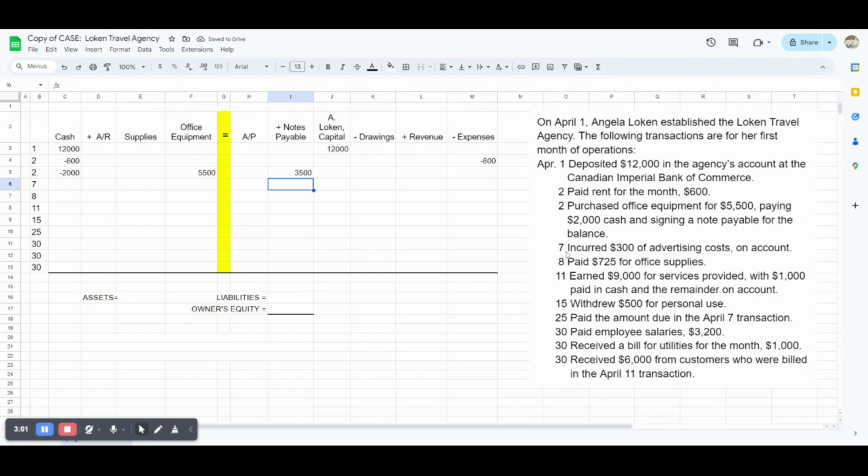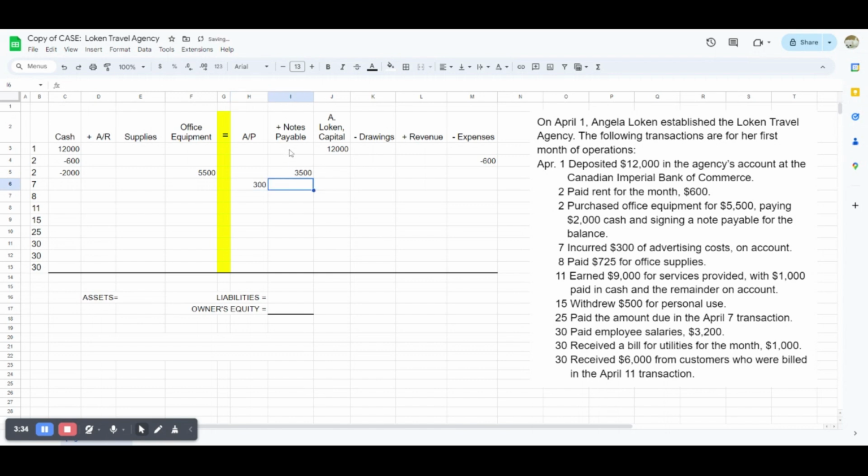Okay, on April 7th, incurred $300 of advertising costs on account. So on account just means for you that you're going to pay this later. Okay, so right now accounts payable would be affected since it does not say notes payable. So that means you can just assume accounts payable is going to be affected.